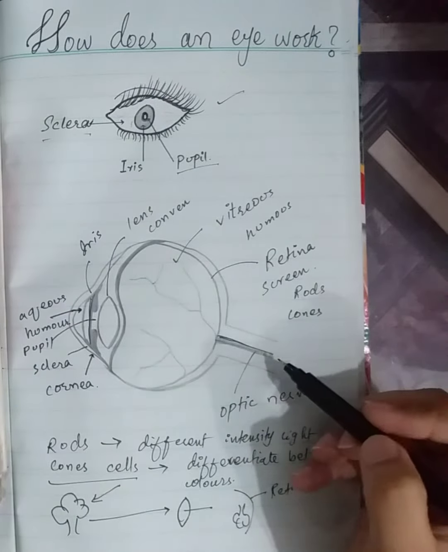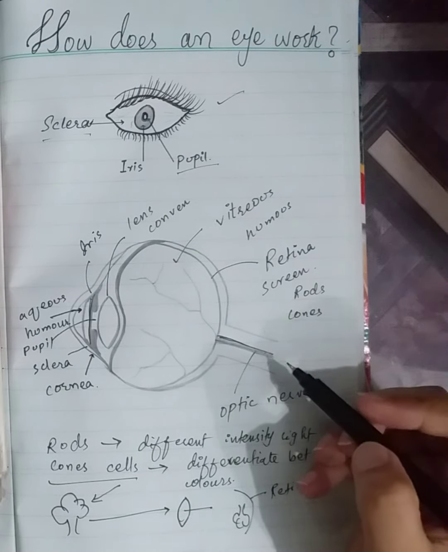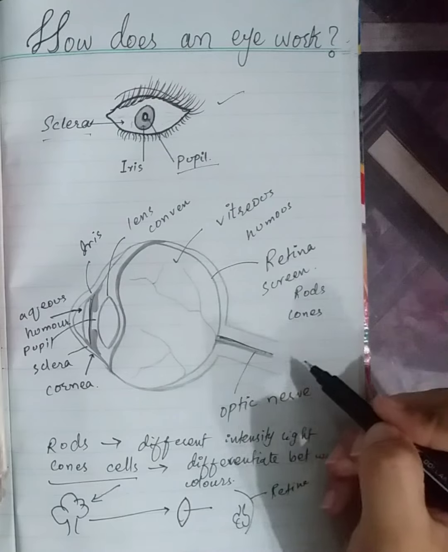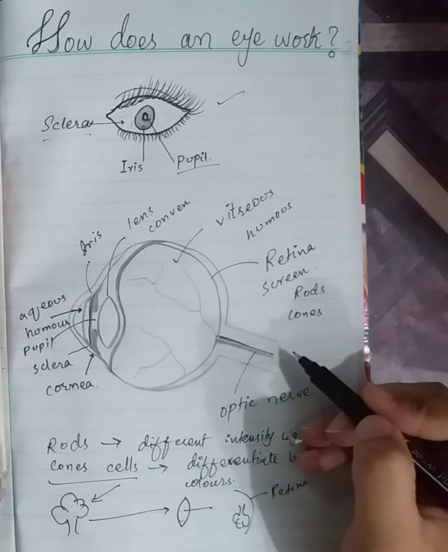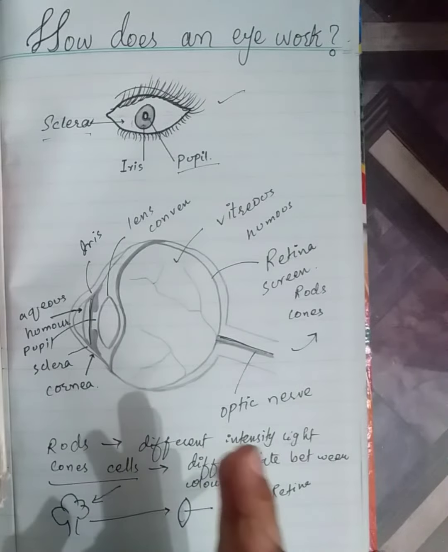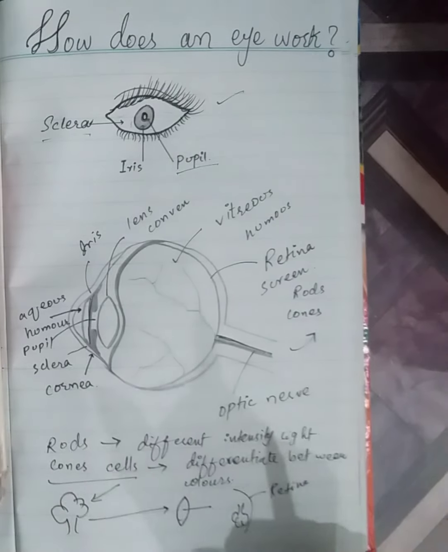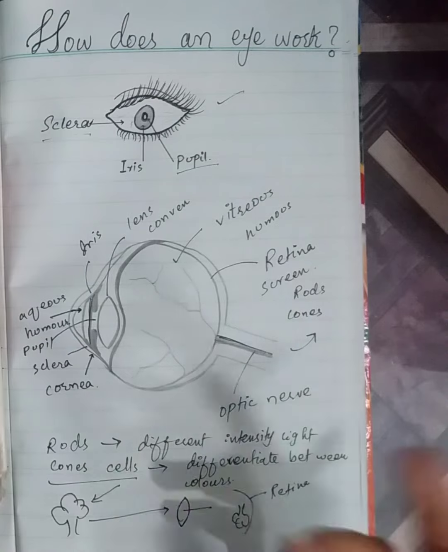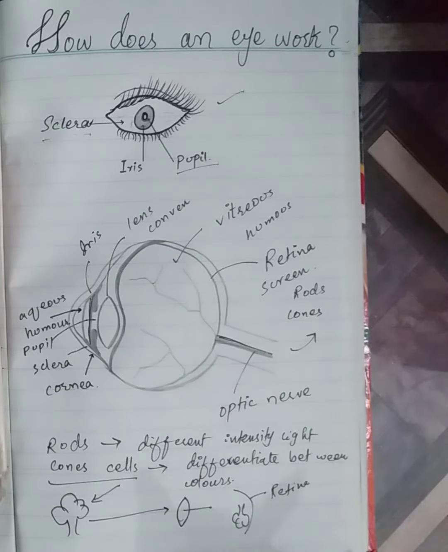The optic nerve receives that message of what you saw. Then the message goes through the optic nerve to the brain, and the brain decodes it and sends you the message, making the picture clear and erect, correcting it for you, so that you know what you saw.